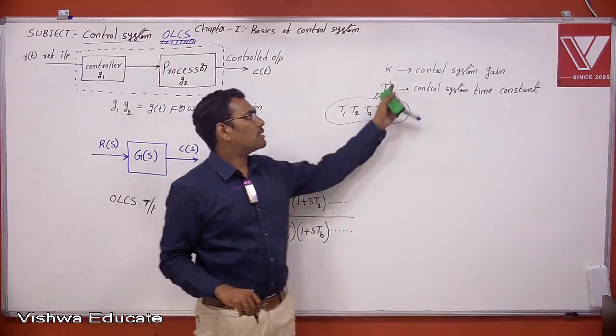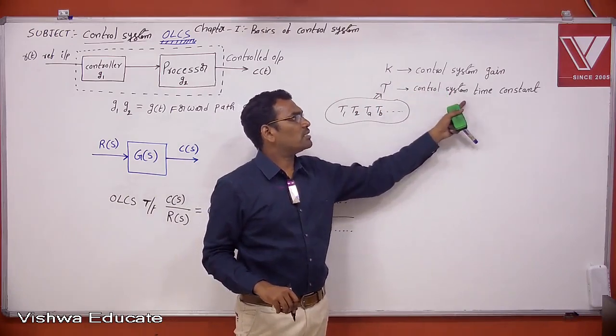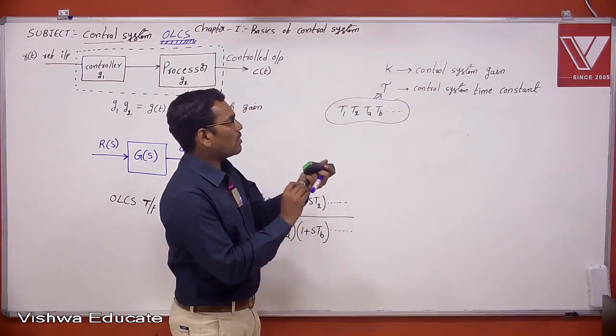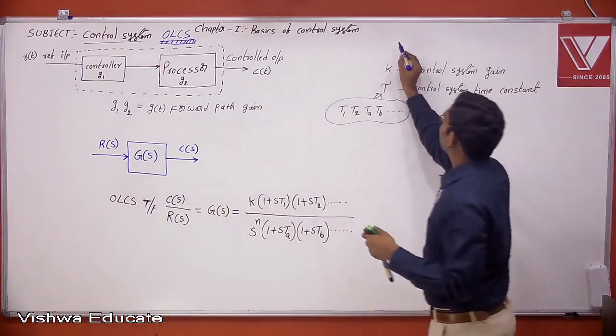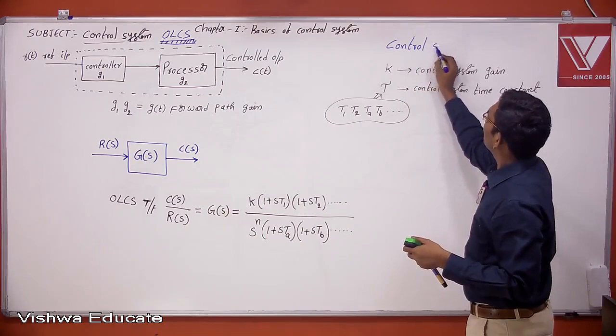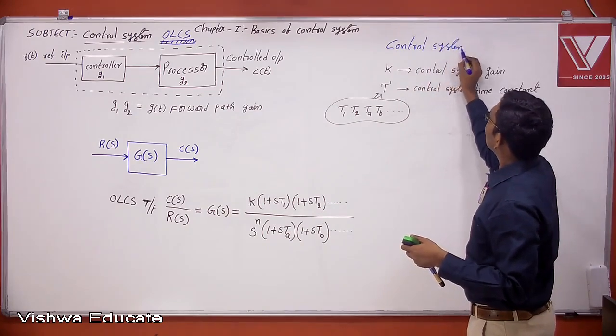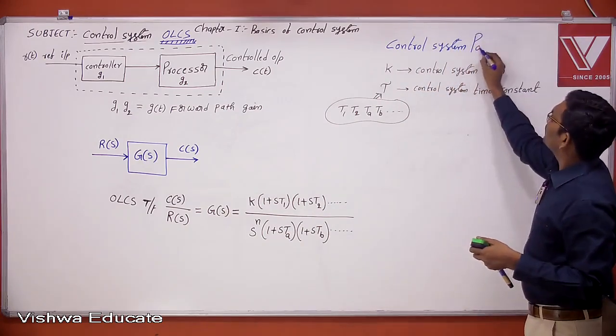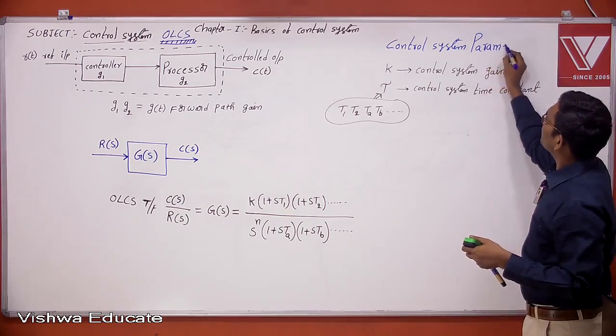Therefore, this is the control system gain, and these are the control system time constants. These are the control system parameters.